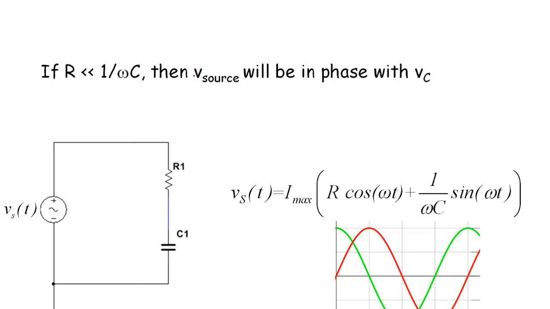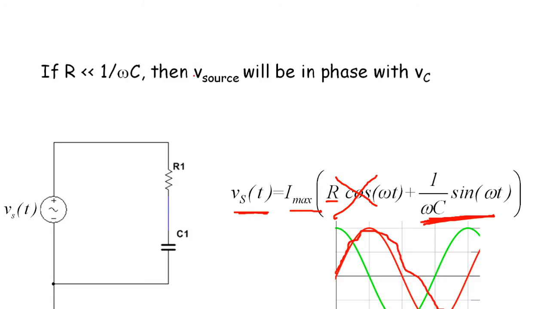If, however, the resistance is much smaller than the 1 over omega C term, then we can ignore this term, and the voltage of the source is going to be the same as the voltage across your capacitor. It's going to be the I max times this term. So the voltage of the source will look like this.